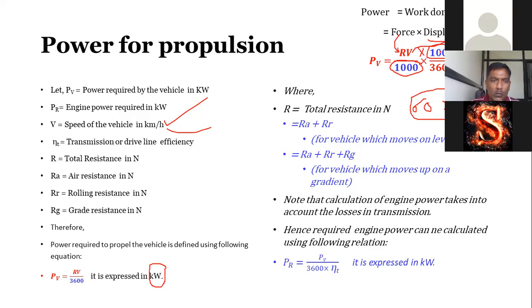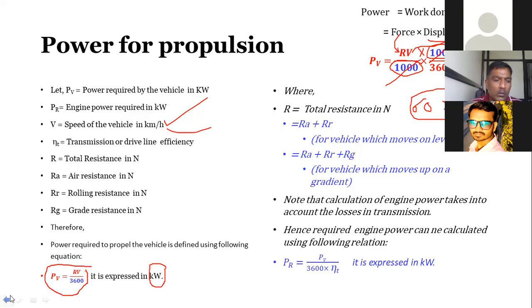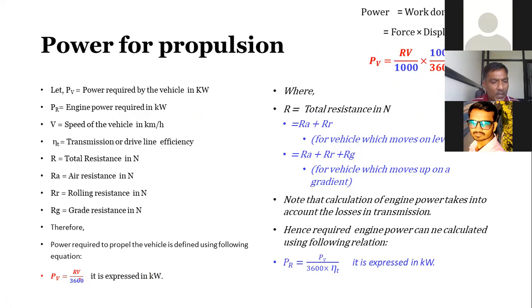So the 1000, which we have taken to convert kilometer into meter, and which we have added in the denominator to make power in kilowatt, gets cancelled. So what is remaining? This is the final relation we got. So PV is equal to RV divided by 3600.